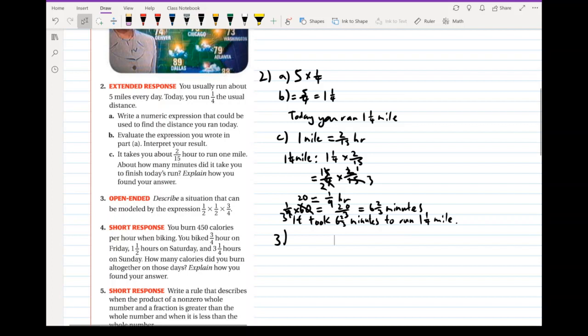Question 3. Half the candies in a bag are square shaped, and let's say half the candies in a bag are green in color.